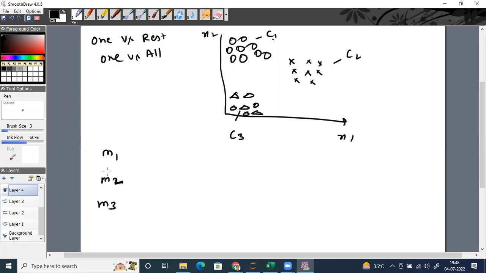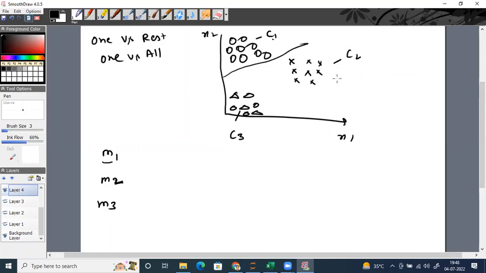How will it train them? One model will consider C1 as the default class and all the rest as the other class. It is still doing binary classification only. So one class is C1 and the rest are in one other class. Two classes still, but C1 is one class and the rest are in the other class.